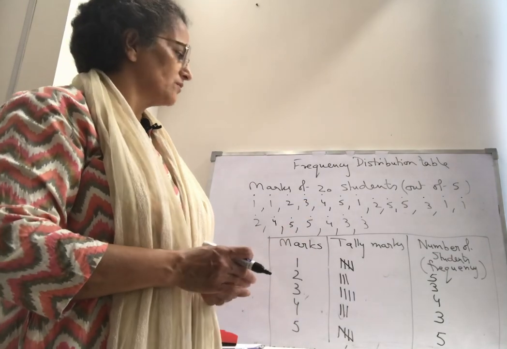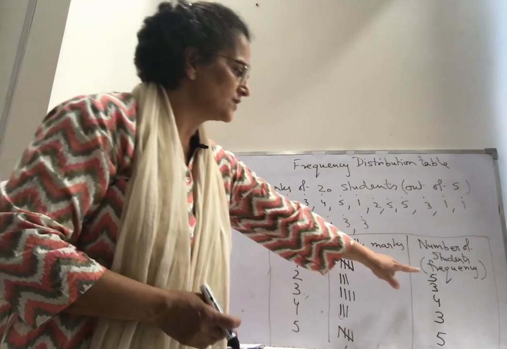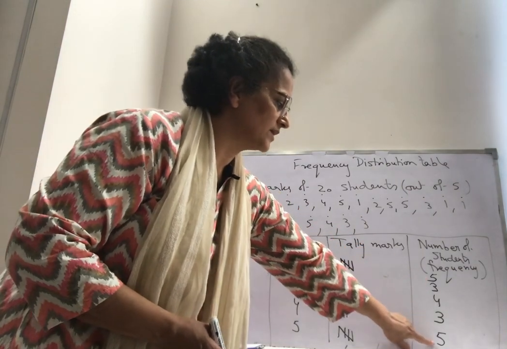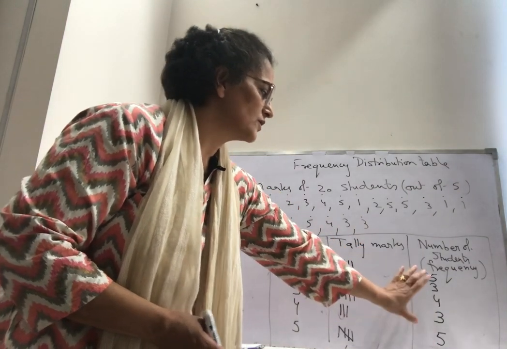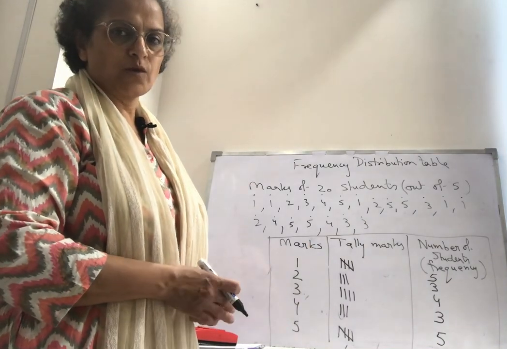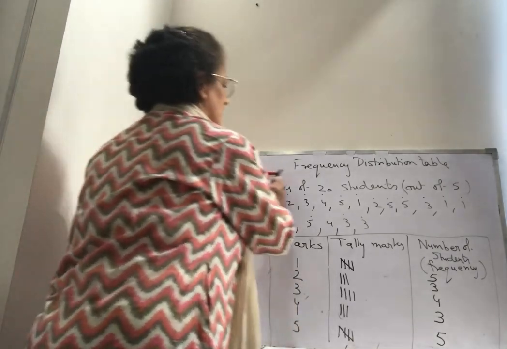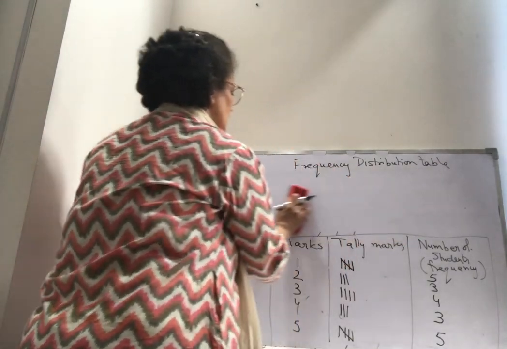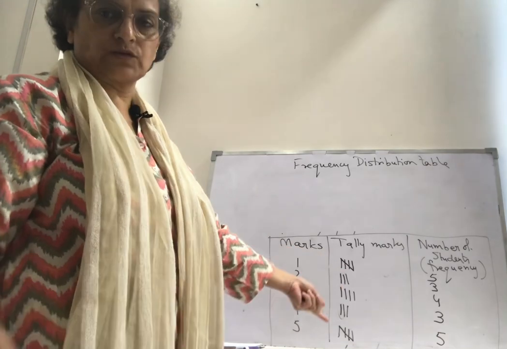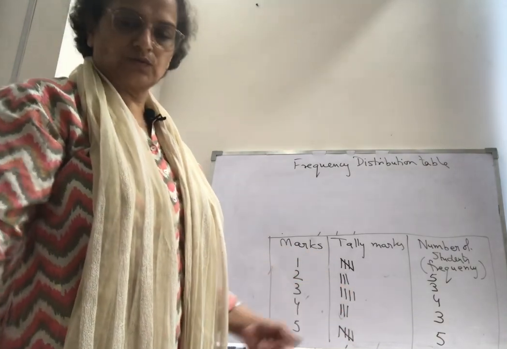In this question we were discussing about mode. So we can say highest frequency is this 5 and 5. So what are my modes? 1 and 5 are my modes. So I can write now, in case from the frequency they can ask you to find the mean, they can ask you to find the mode, they can ask you to find median.